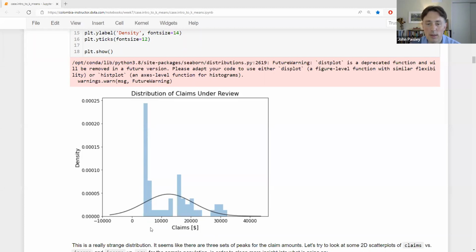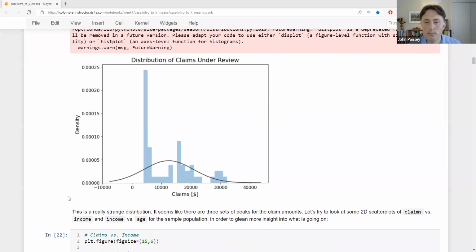Why 5,000? Maybe there's a minimum amount that you're allowed to claim. They won't pay anything less than 5,000 because that's how the policy is, perhaps. You would have to know something about the data to know if there's something meaningful in this pattern. But it's a strange distribution. It seems like there are three different groups.